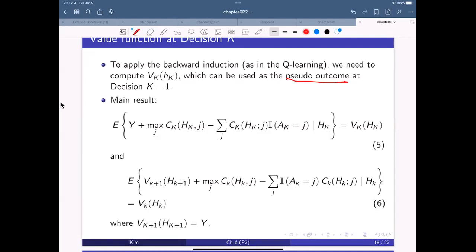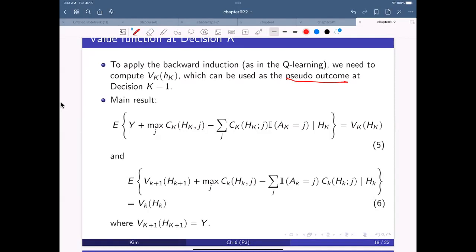So the current outcome minus the contrast function at the current A plus the contrast function at the optimal A becomes a value function, right?